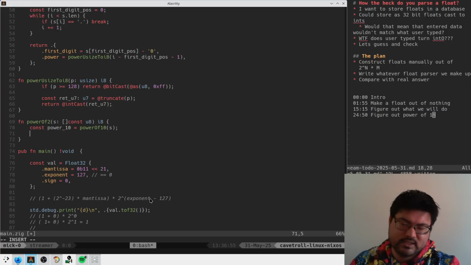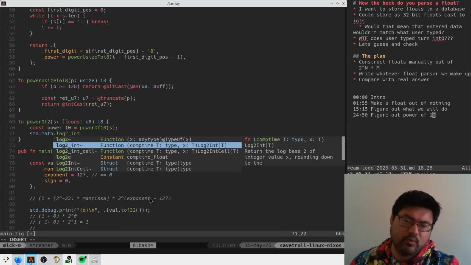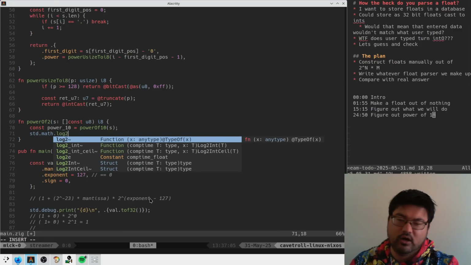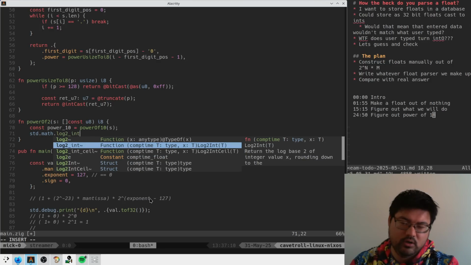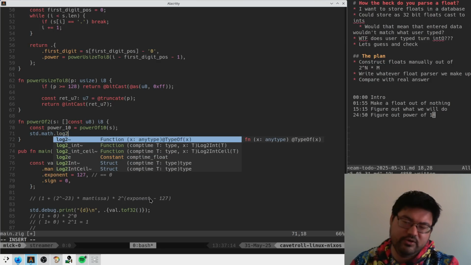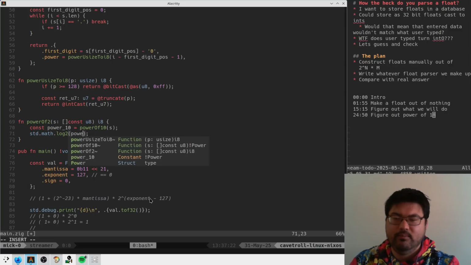So my gut says we do log 2. I wonder if log 2 int rounds down. Is there a log 2 that does not round? No. So we could do this as floats, but my gut says doing it as ints would be maybe fine. Maybe. So it's like power 10.